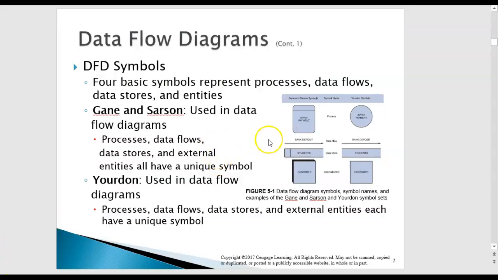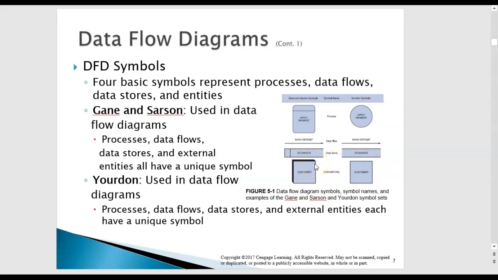Data flow diagrams use symbols to show the different components of your system. On this image that you see on the slide, these are the two most commonly used systems.